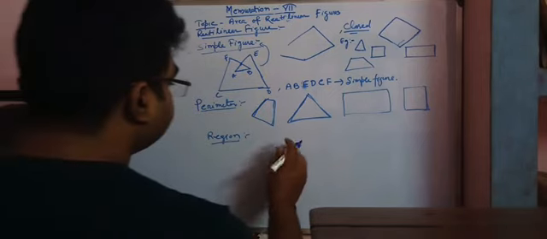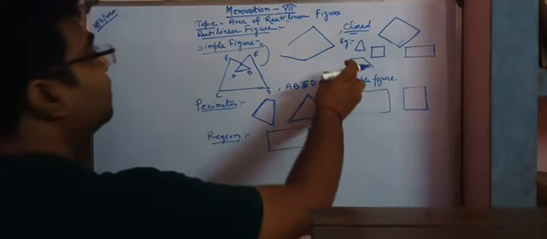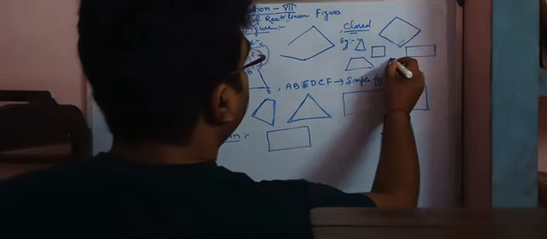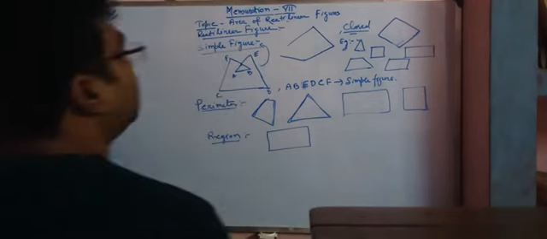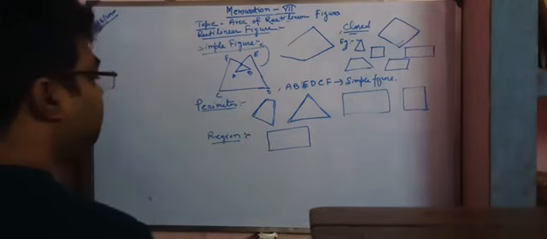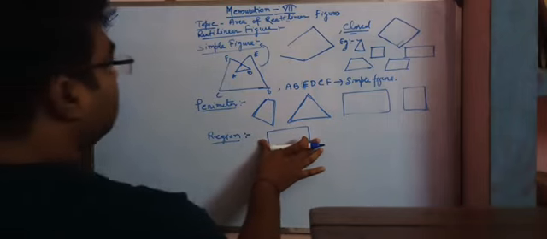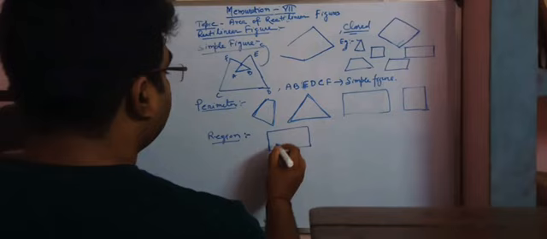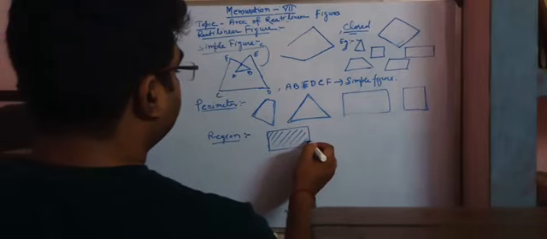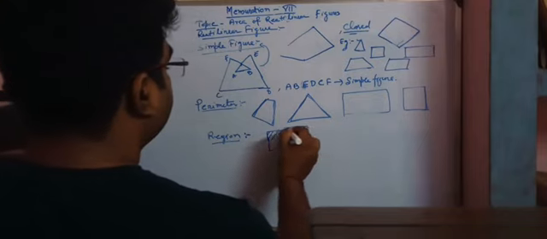If we take a plane figure, say a rectangle, triangle, trapezium or parallelogram, these are also closed figures. For a rectangle, the region is this portion, the internal portion enclosed by the straight lines.